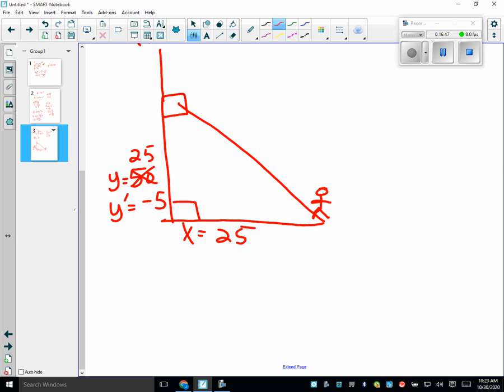So that's an equilateral. And what I want to find is this, isn't it? We want to find theta prime. Right?